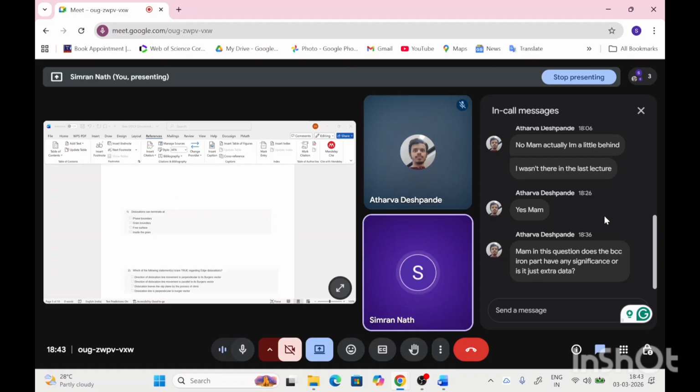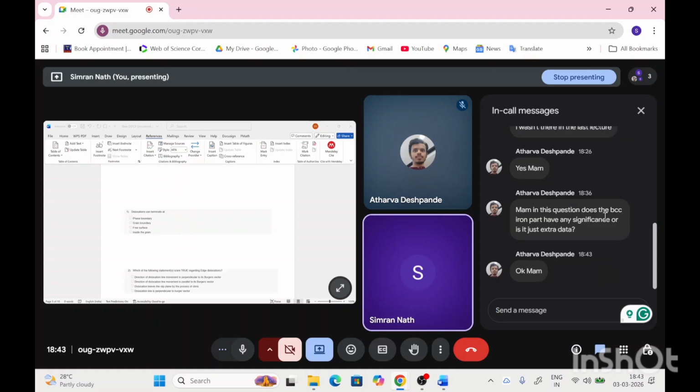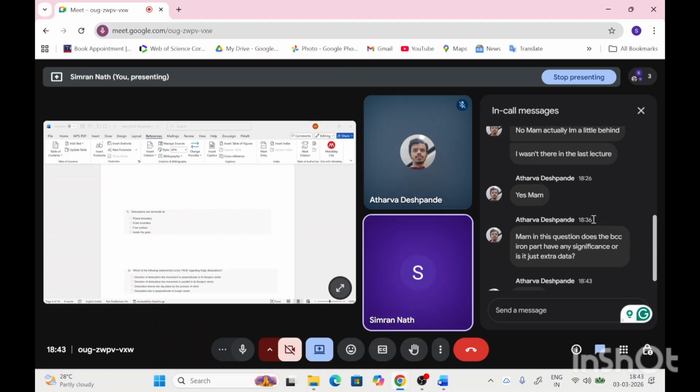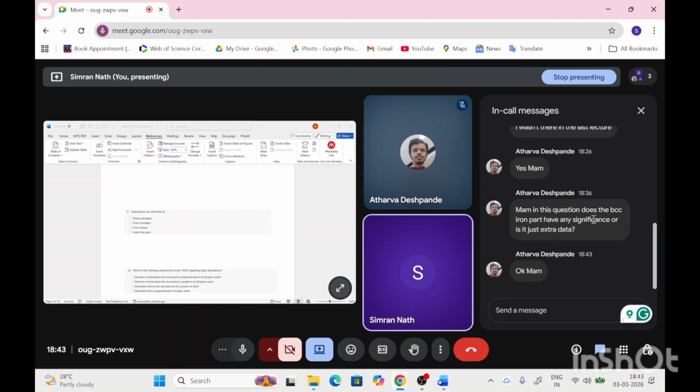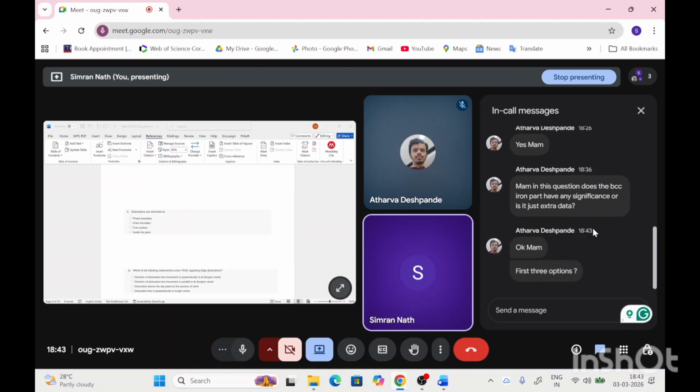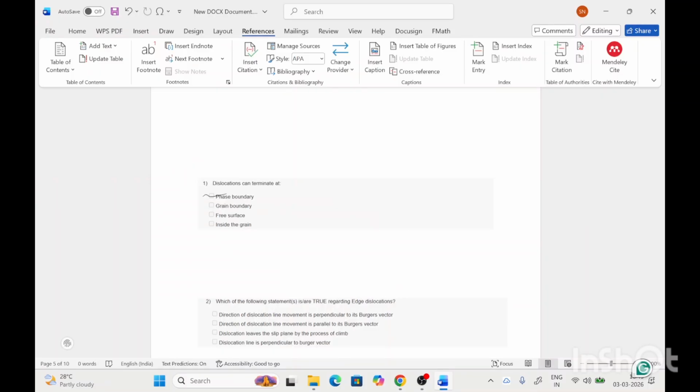For FCC, we generally use the 111 plane, but for BCC, the 110 planes are the favorable planes for dislocation movement. Okay, yes, the first three options are correct: phase boundary, grain boundary, and free surface.